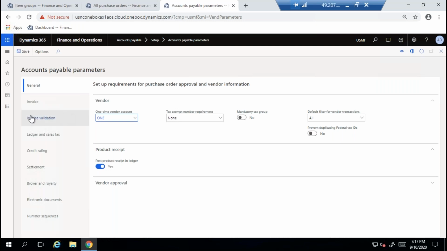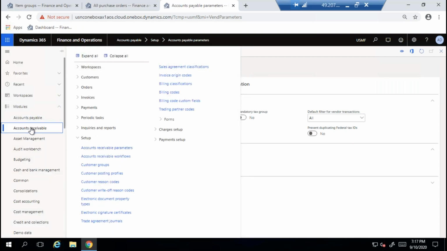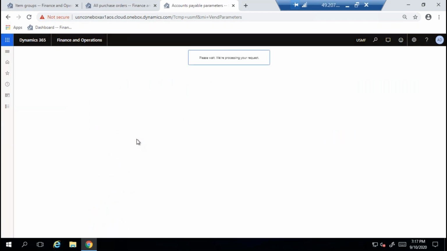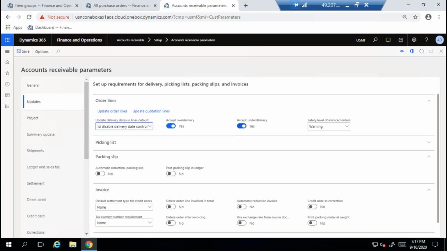In the same manner for accounts receivable: setup, parameters, accounts receivable parameters, updates tab, post product receipt in ledger.